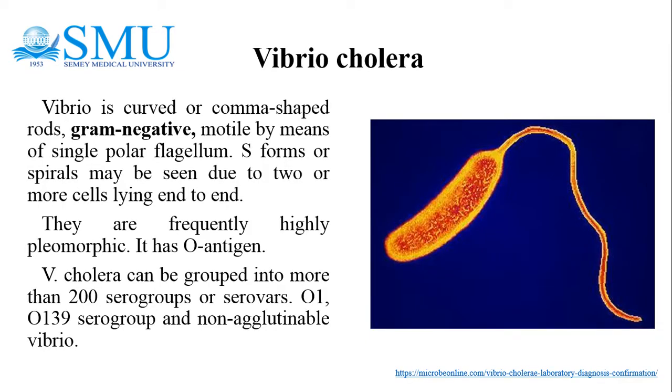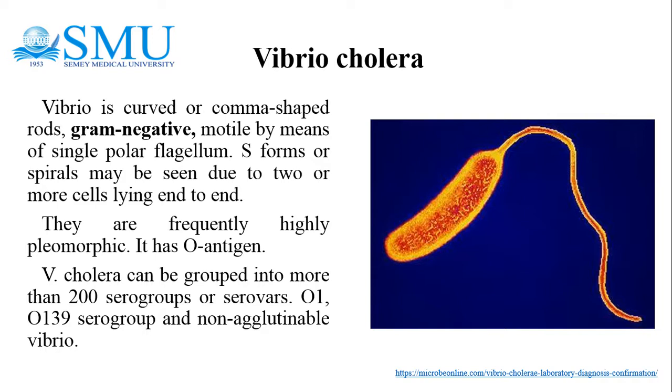Now Vibrio cholerae. Vibrio cholerae are curved or comma-shaped gram-negative rods, motile by means of a single polar flagellum. Forms of spirals may be seen due to 2 or more cells lying end-to-end, and they are frequently highly pleomorphic.